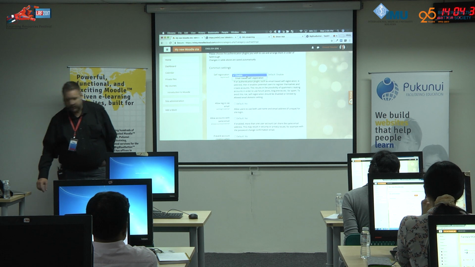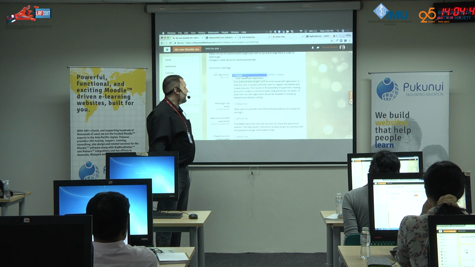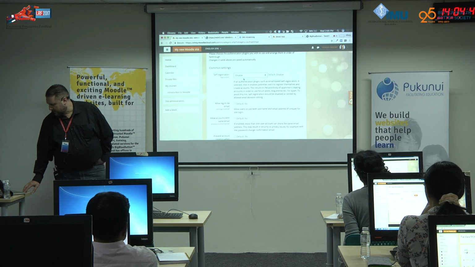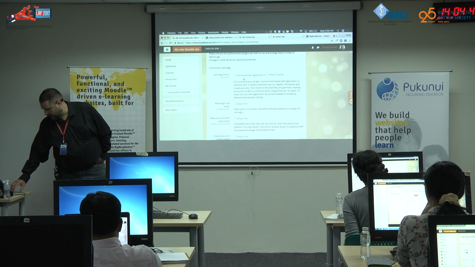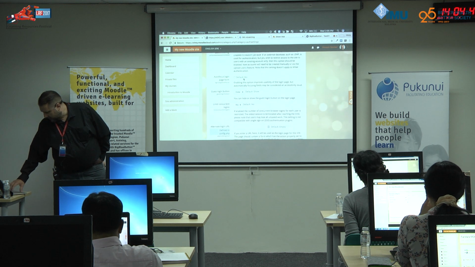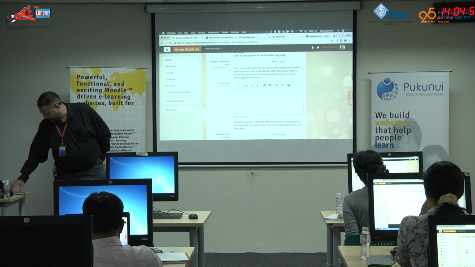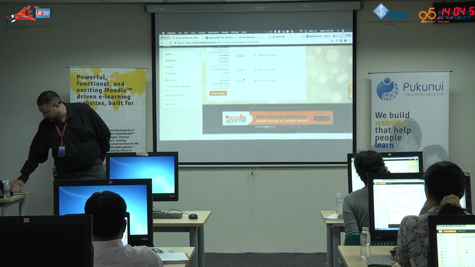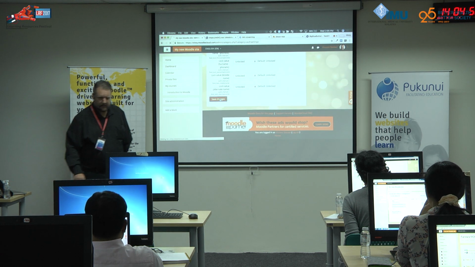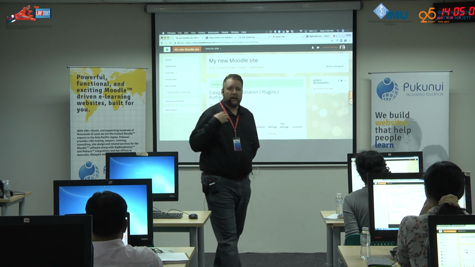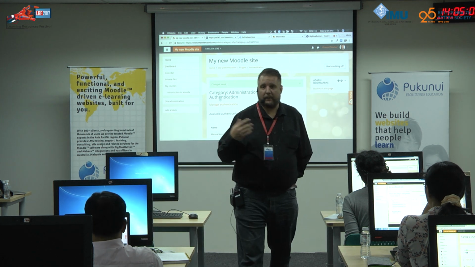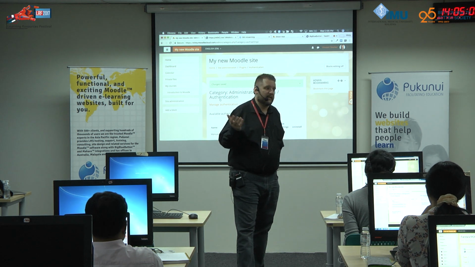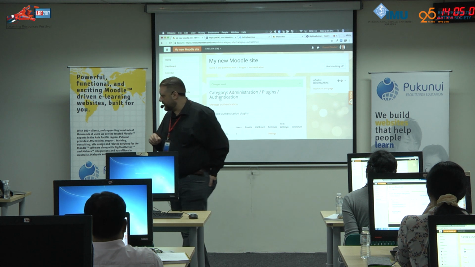So at the moment, nobody can register on your site. I'm going to change that to email-based self-registration, and then I'm going to ignore all of this, scroll right down to the bottom and go for Save Changes. So now anybody can go to my site that I created and set up an account and then start using it. But they won't be able to see much, they won't be able to get anywhere on the site.